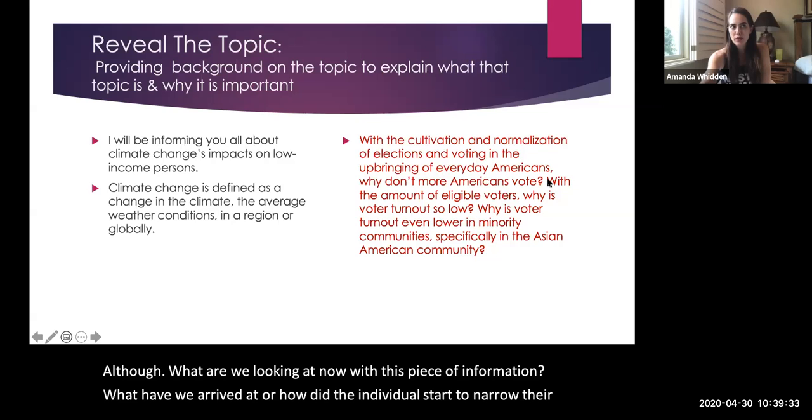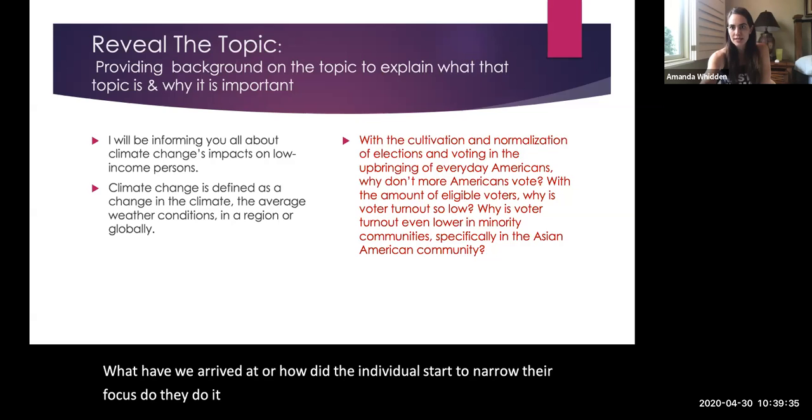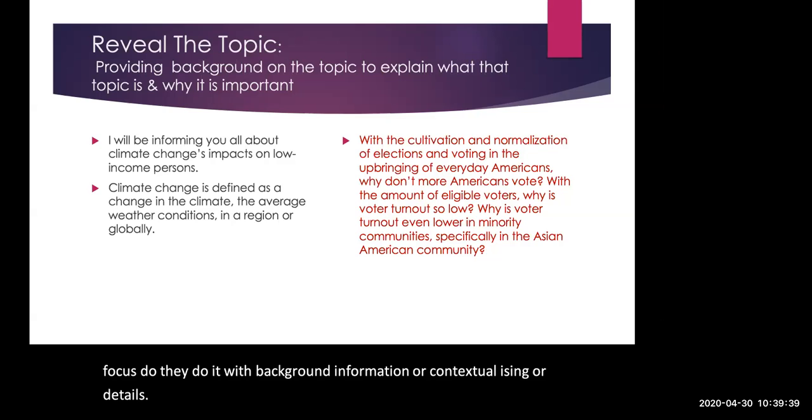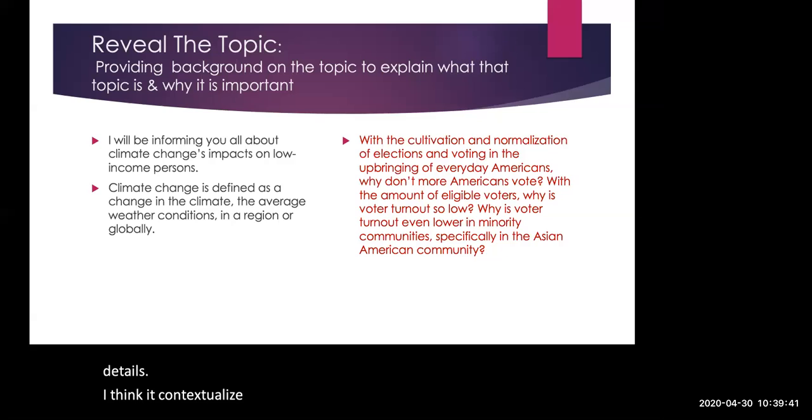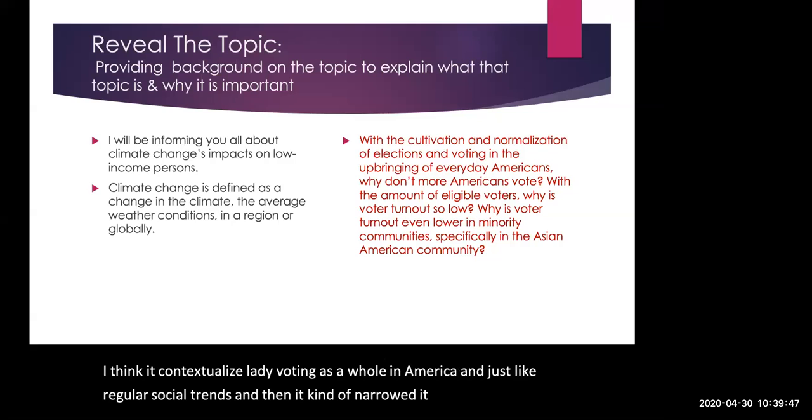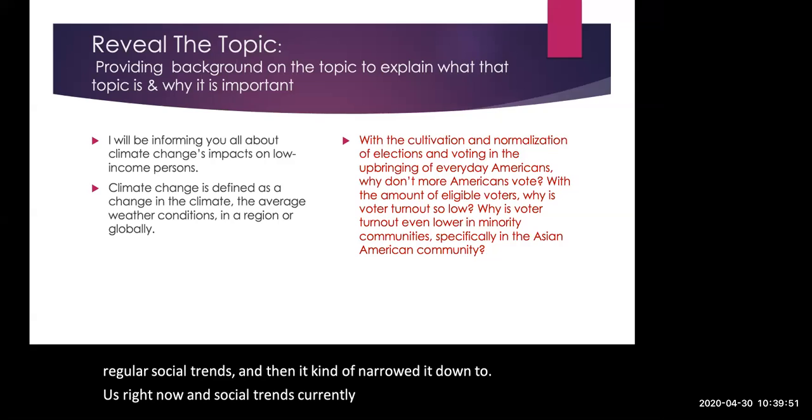Did they do it with background information or contextualizing or details? I think it contextualized voting as a whole in America and regular social trends, and then it narrowed it down to us right now and social trends currently about voting.